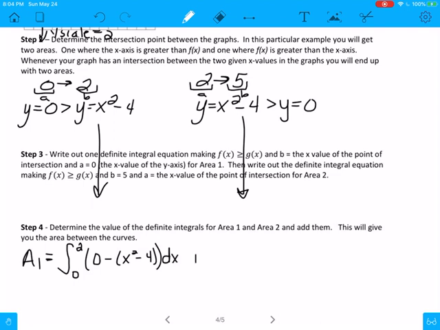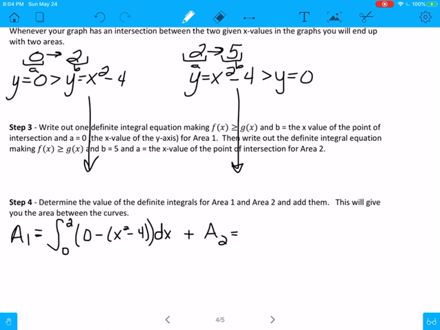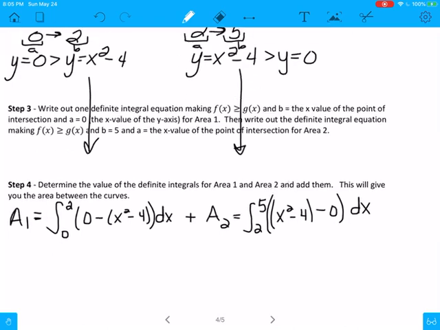And then I'm going to have to add it to my area 2, which in this case, if you look at it, the blue is higher than the red. So I'm going to have to go from 2 to 5 with x squared minus 4 first, subtract 0, dx. So I'm doing two separate integrals.